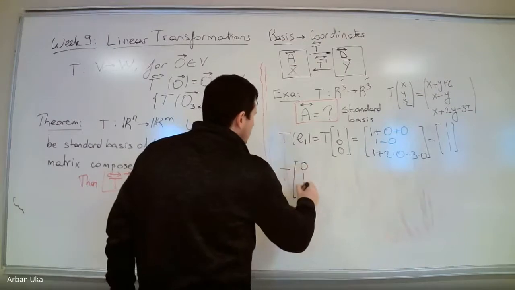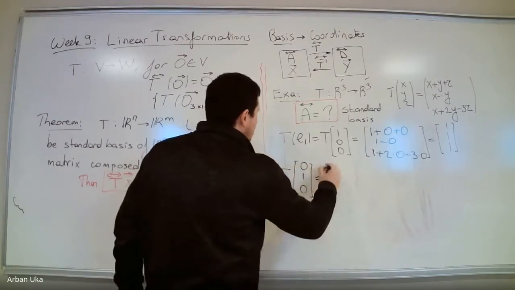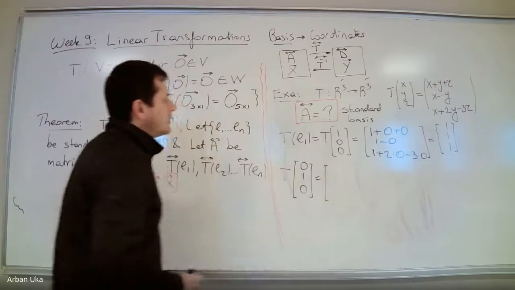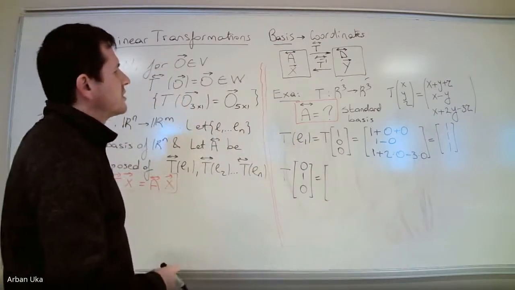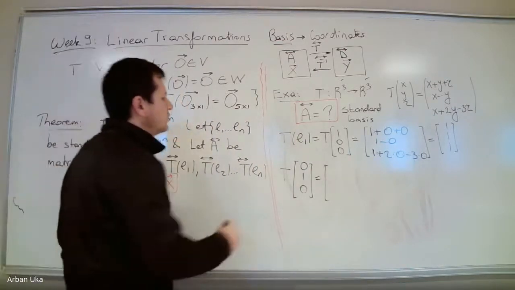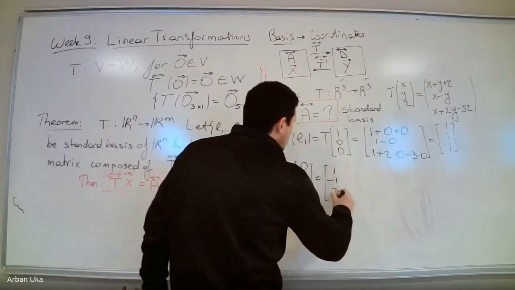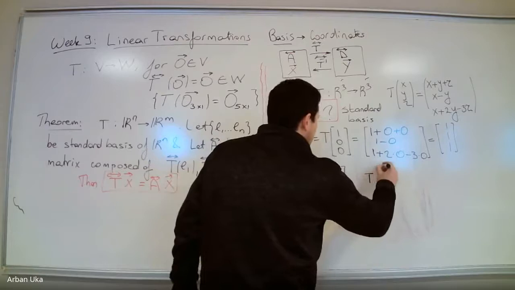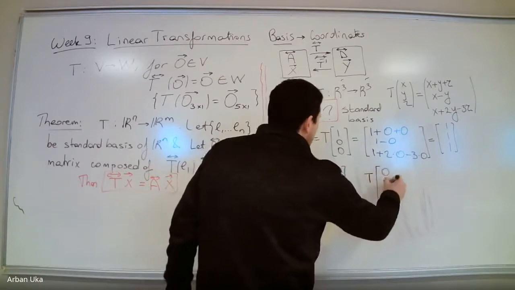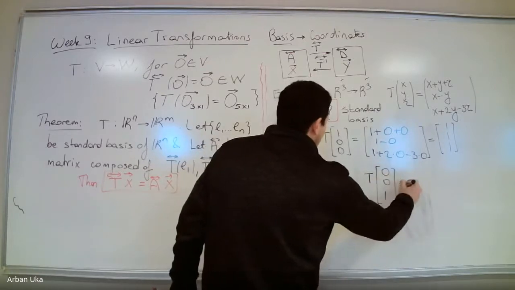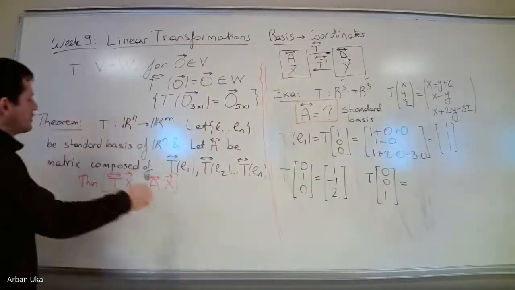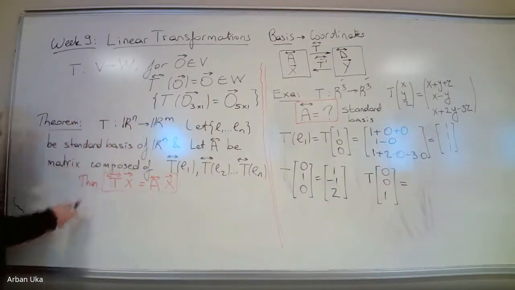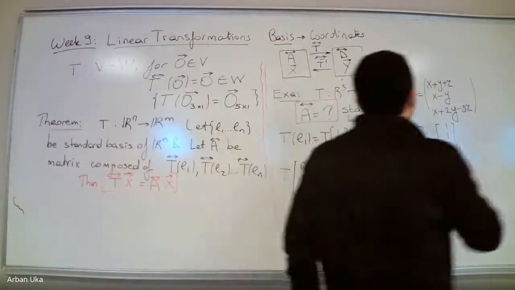This is 0, 1, 0, and this would be equal, let's try 0, 1, 0. This is going to be 1, minus 1, 2. Then 0, 0, 1. You can always go back, look at this definition, and see what we are going to obtain.